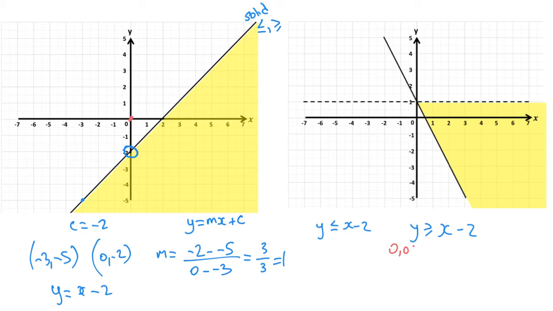If we substitute those into the two inequalities, we get 0 is less than or equal to 0 take away 2, which is just minus 2. Or we get 0 is bigger than or equal to 0 minus 2, again minus 2. 0 is not less than or equal to minus 2, it is in fact bigger than minus 2. So that means the inequality has to be y is bigger than or equal to x minus 2.